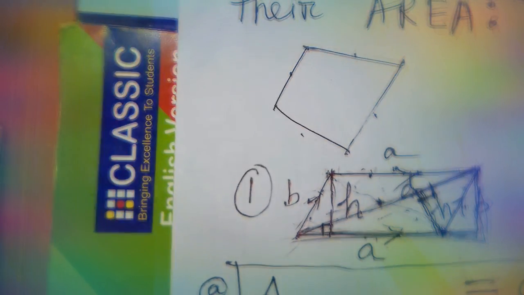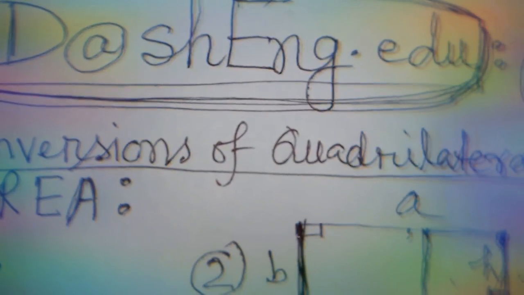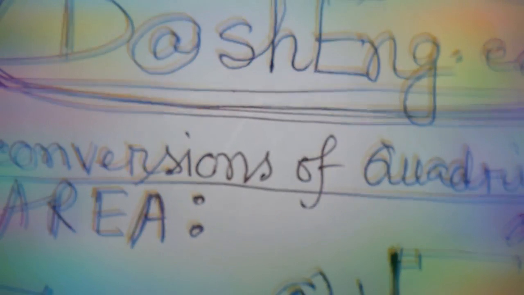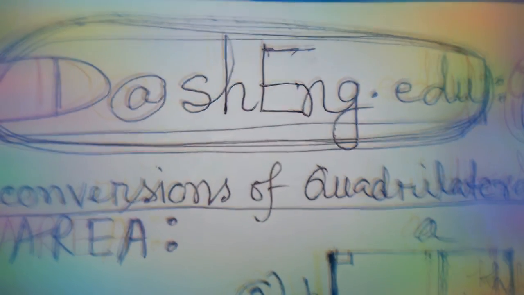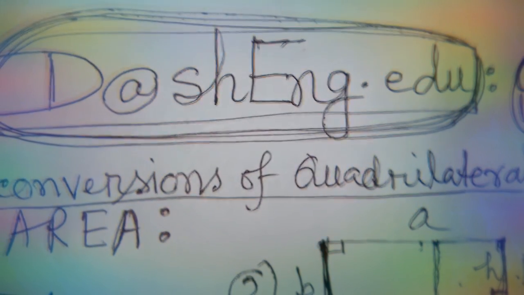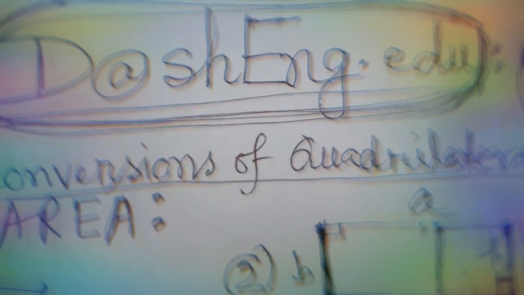I mean this parallelogram and this rectangle are almost the same, only the difference is the 90 degree angle, but here no 90 degree angle. So here, with 90 degree, this is called a rectangle. In this rectangle all the conditions are almost the same, but here all angles are 90 degrees.